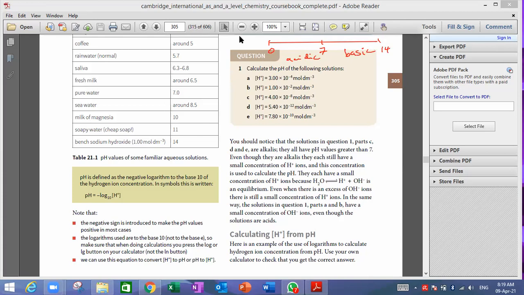Of course, as we go away from the 7 value, whether towards the more basic solutions or towards the concentrated or strong acidic solutions, this means we are reaching a stronger acid or a stronger base. Okay.